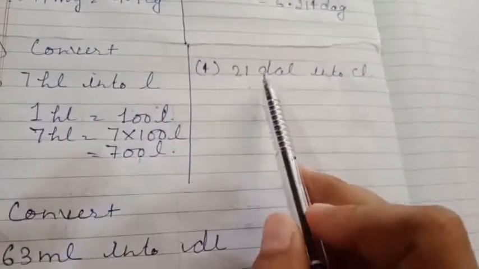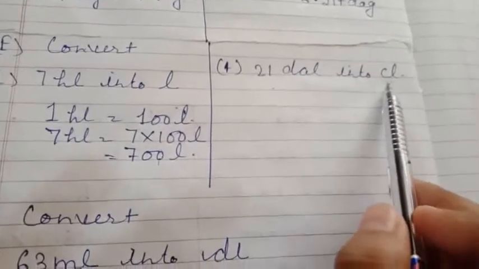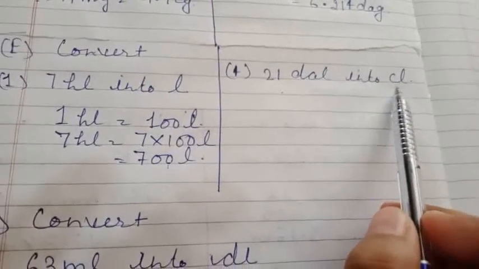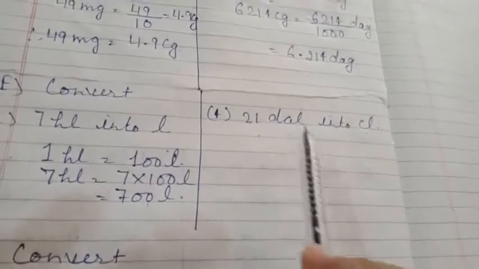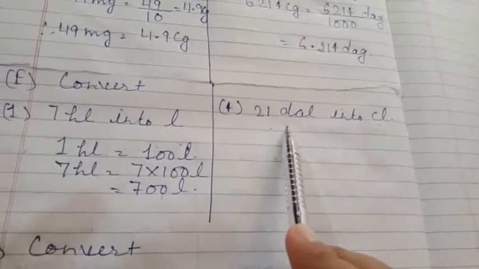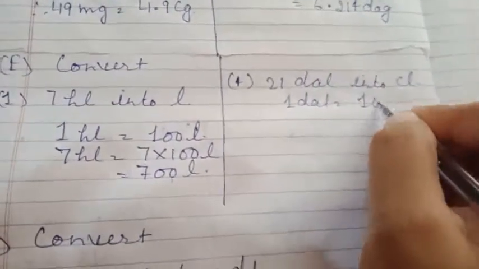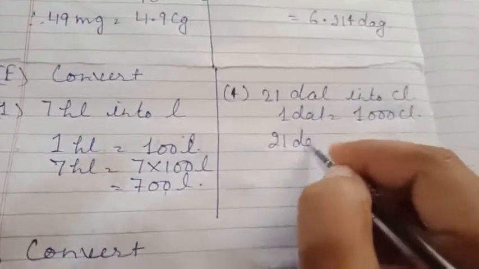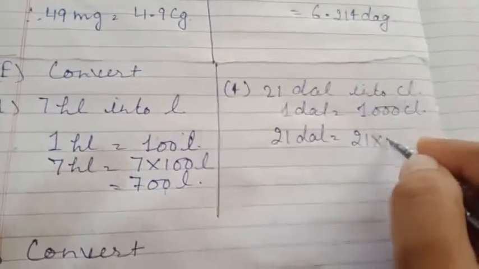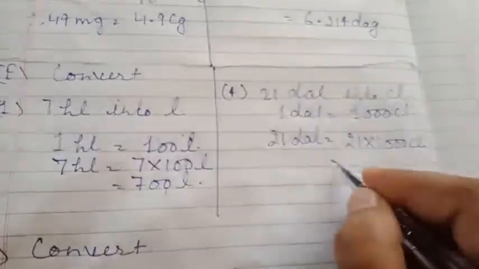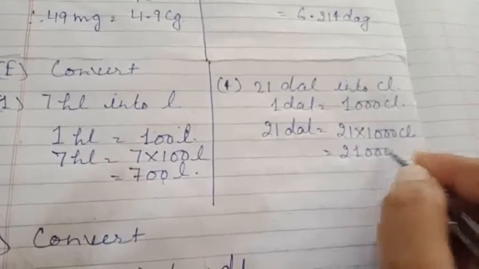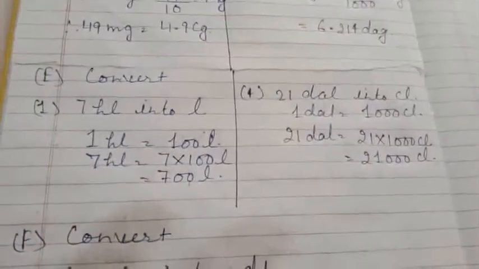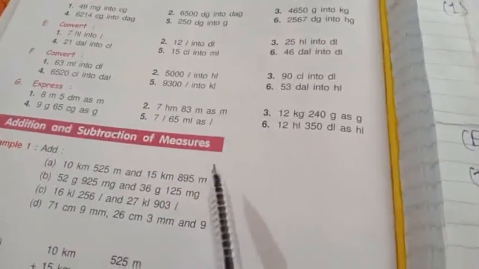Next is 21 decaliter into centiliter. As we know, 1 decaliter is equal to 1000 centiliter. So 21 decaliter will be 21 multiplied by 1000 centiliter, which is 21,000 centiliter. In the same way, we can do the remaining questions also.